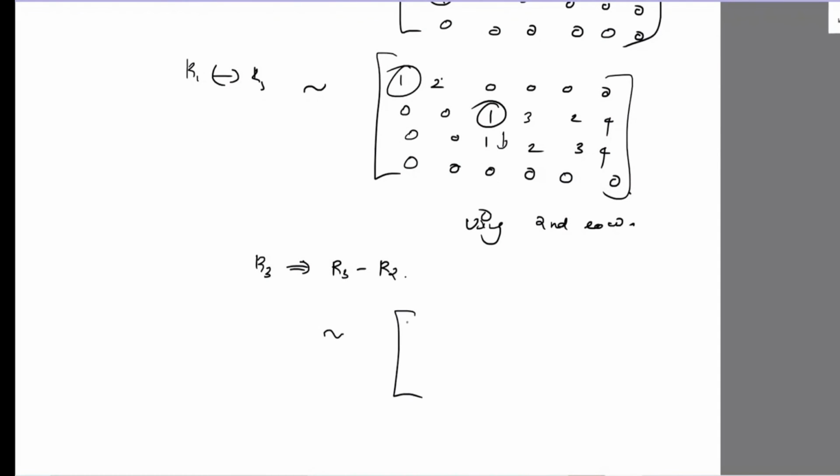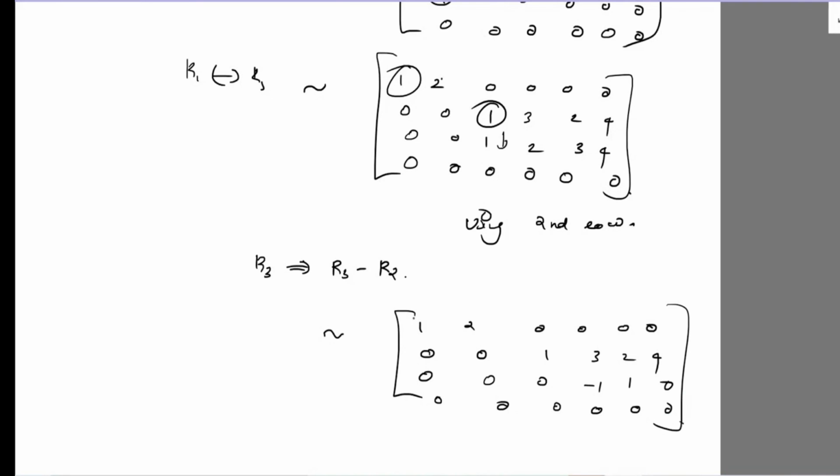So that will be 1 2 0 0 0 0, 0 0 1 3 2 4, 0 0 0 1 3 minus 2, which is 1, 4 minus 4 is 0, and the last row is completely 0.